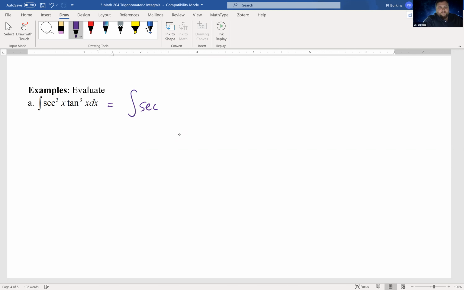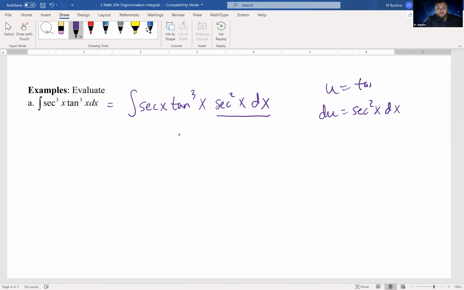I have a secant left, a tan cubed, and a secant squared. Now, when I make the decision on what to break off, I've already also made the decision as to what u must be. Because for du to be secant squared, u had to have been tangent, because the derivative of tangent is secant squared.